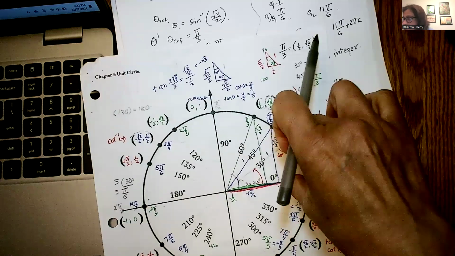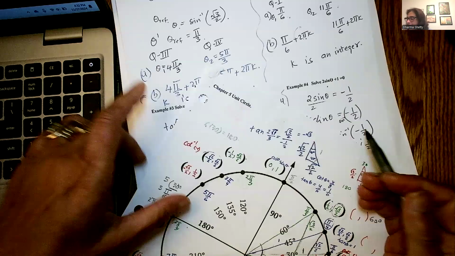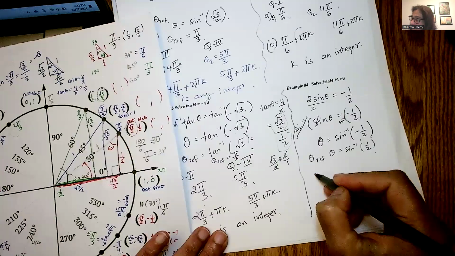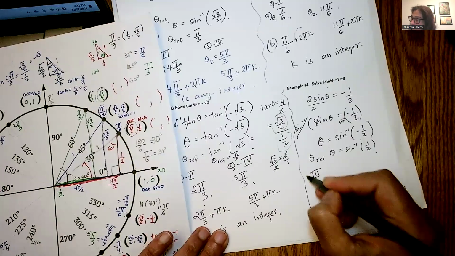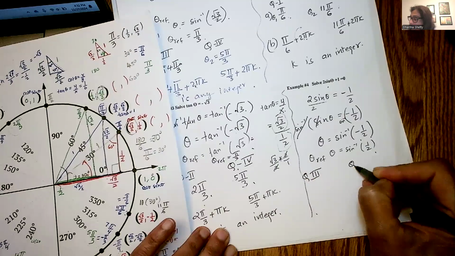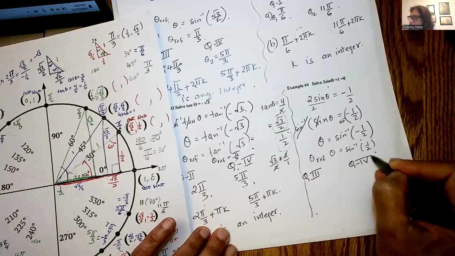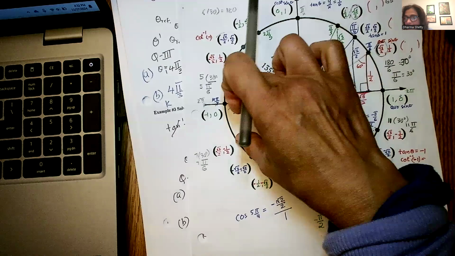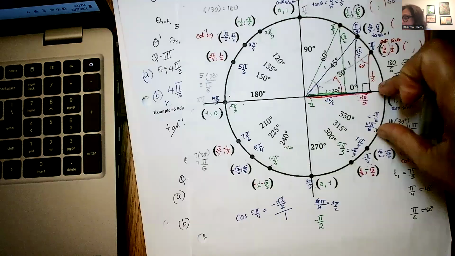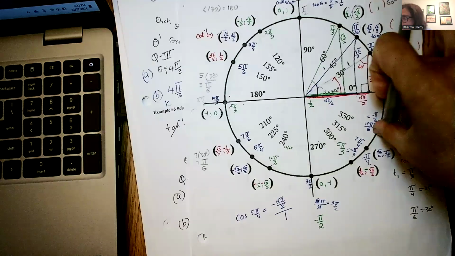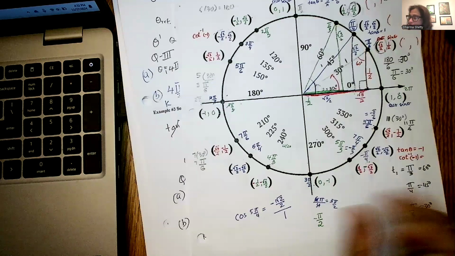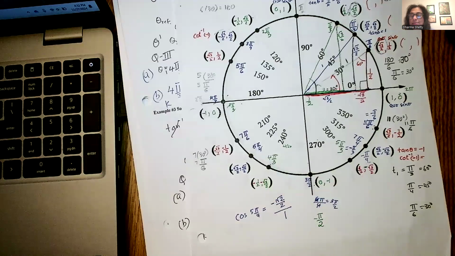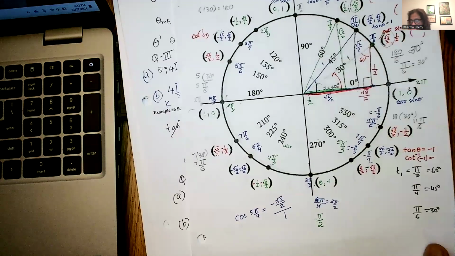So where is sine negative? Sine is negative in the third quadrant, and sine is negative in the fourth quadrant. So in this case, it will be 7 pi 6. The reference angle is pi 6, and the reference angle here is pi 6. So these are the two angles where sine is negative.